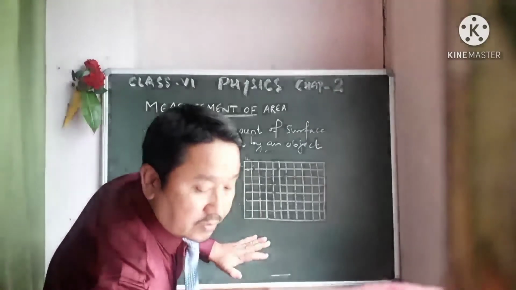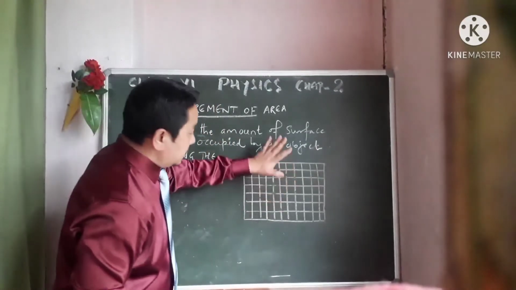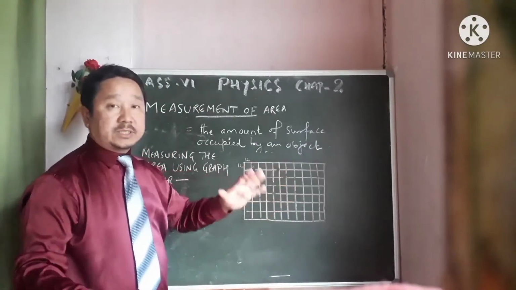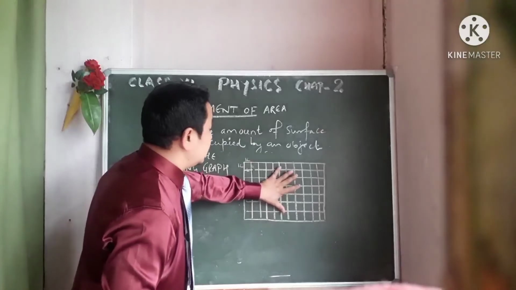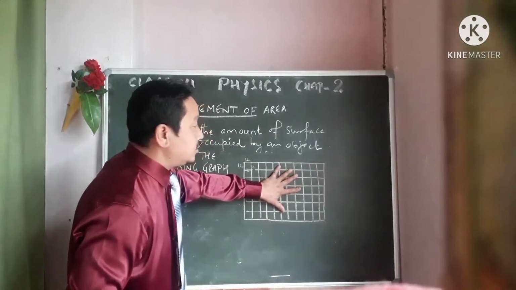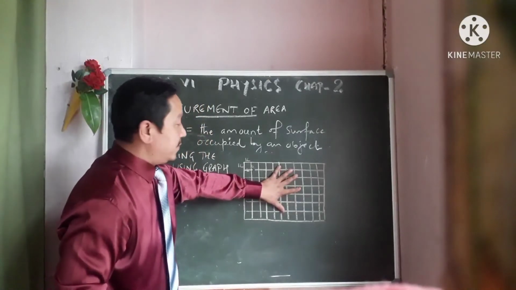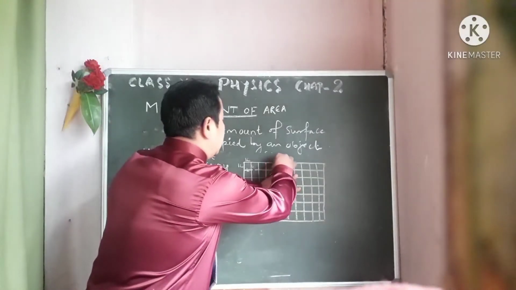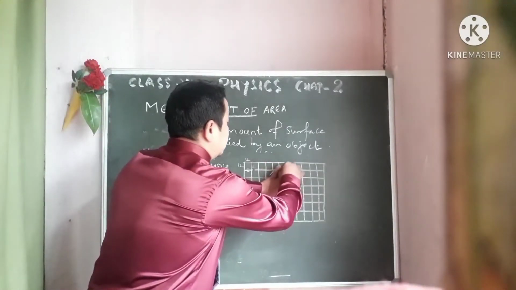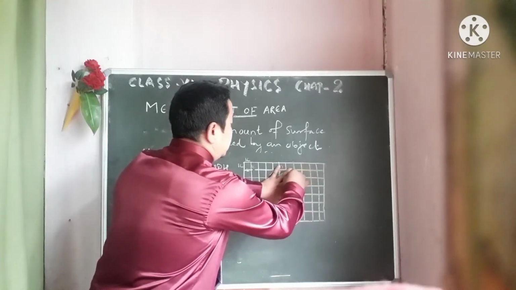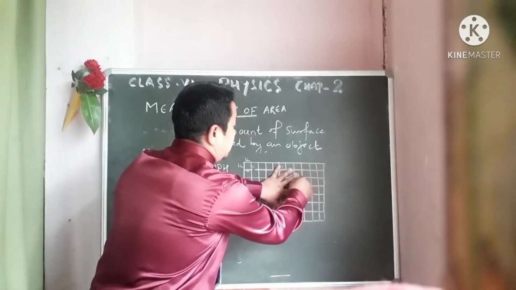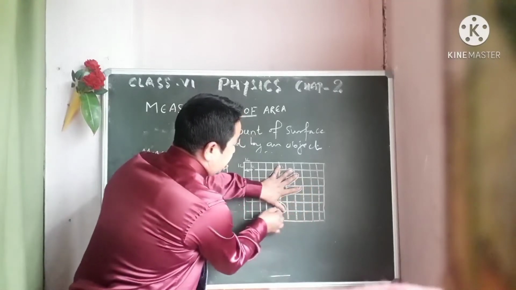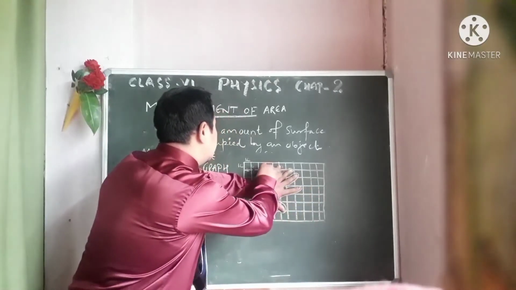Alright, let's see now how we are going about. So this is the graph paper you have already taken. Keep it there on the table and just keep your hand on that graph paper. Then take the outline of your finger or of your hand on this graph paper like that.